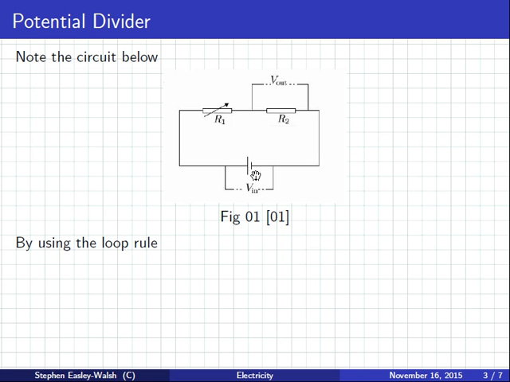So if I start here, what's the voltage here? V in. And then I go around in the loop, minus I R1, minus I R2, equals 0. So that's the loop rule.